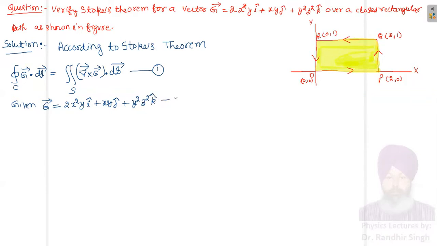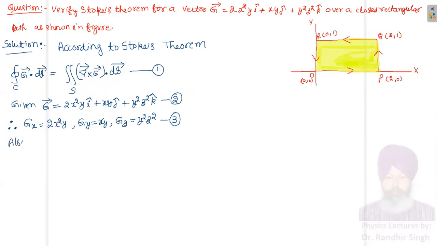So this is the g vector given to us. Therefore, the rectangular components of g vector are gx equal to 2x²y, gy equal to xy, and gz equal to y²z². So these are the components of g.